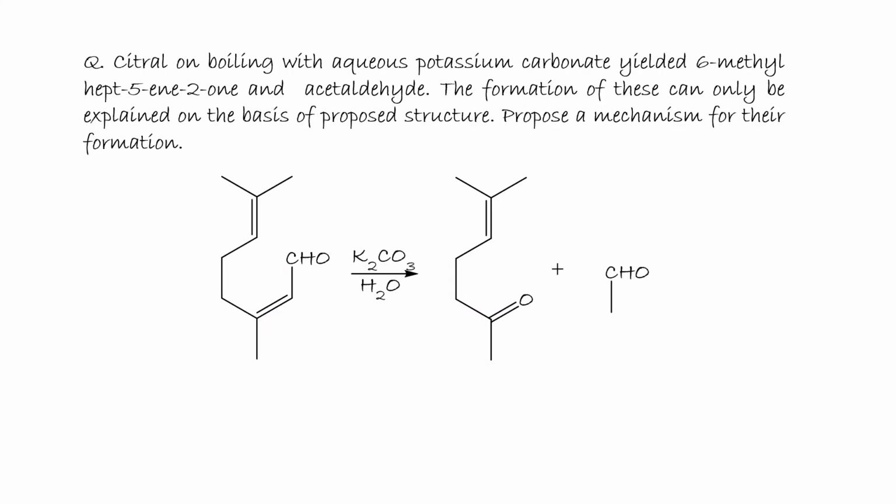Citral, upon refluxing with aqueous potassium carbonate, yielded 6-methylhept-5-en-2-one and acetaldehyde. The formation of these can only be explained on the basis of the proposed structure. Propose a mechanism for their formation.